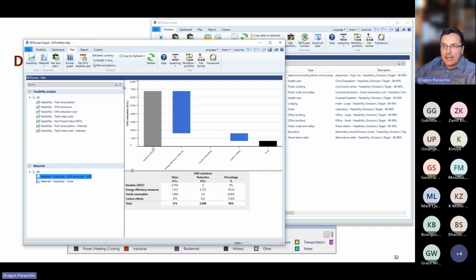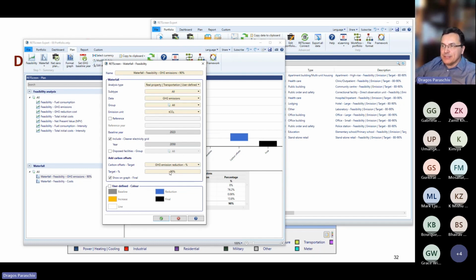In this case, if I format this here, the balance was to a target of 90%. So for this example, we set a target of emission reduction to 90%.